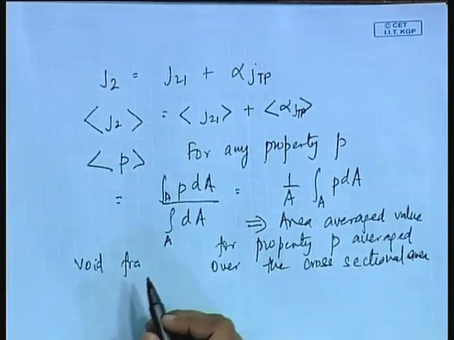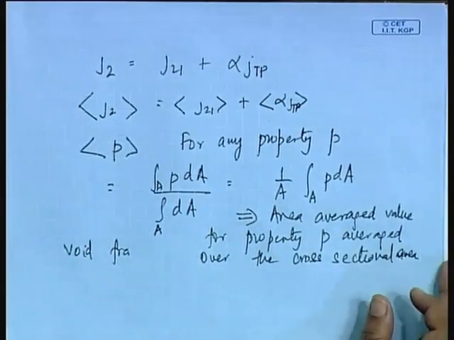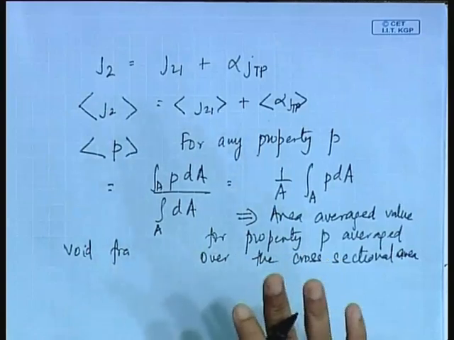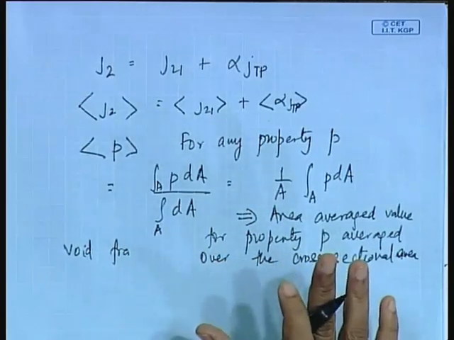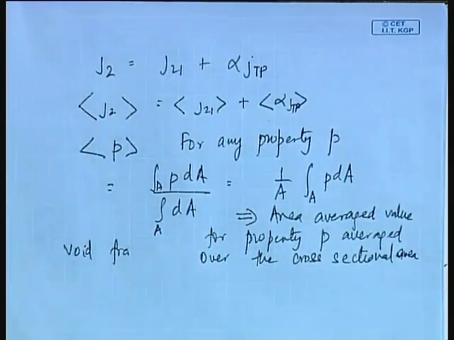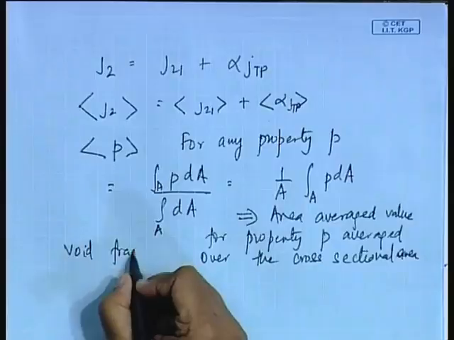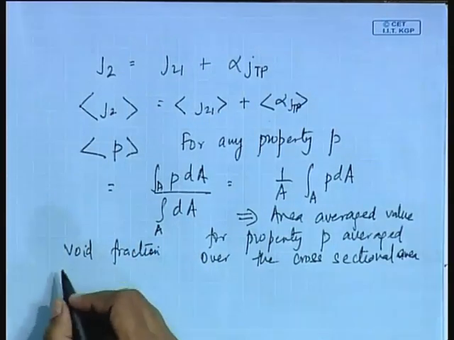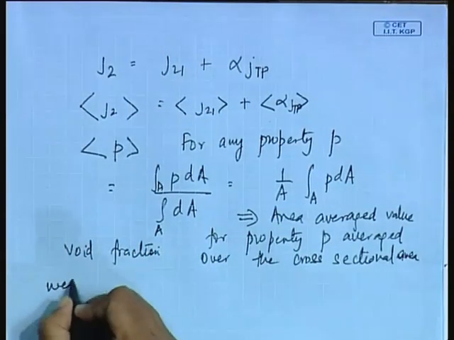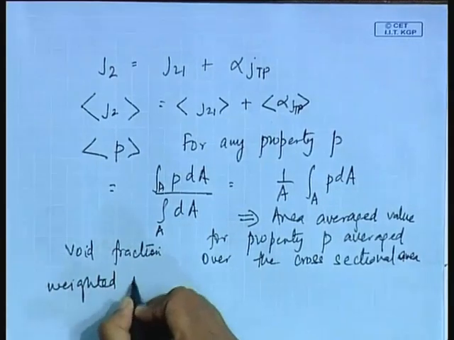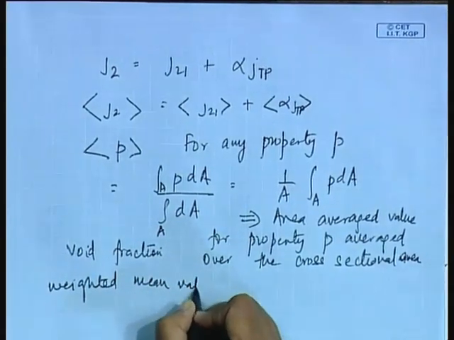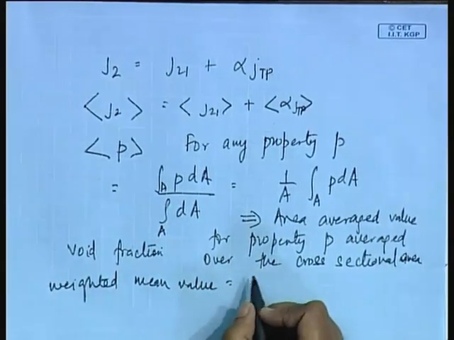Okay. And when we are having two phases, both the phases do not occupy the entire cross sectional area. Say phase 1 occupies A1 part of the area, phase 2 occupies A2 part of the area. Under that condition, there is one additional definition which is the void fraction weighted mean value, meaning it is weighted against the void fraction.